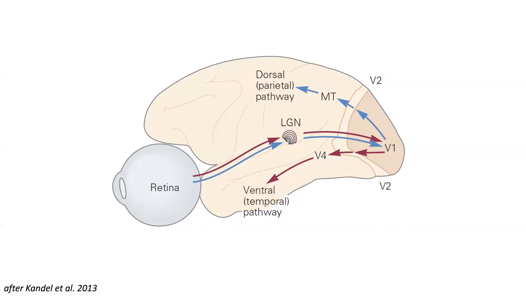It still seems to keep the blue marking, which means that it actually keeps information separate from the ventral pathway, which also starts in the primary visual cortex, goes to the temporal lobe and is going to process visual information in a different way than the dorsal or parietal pathway.